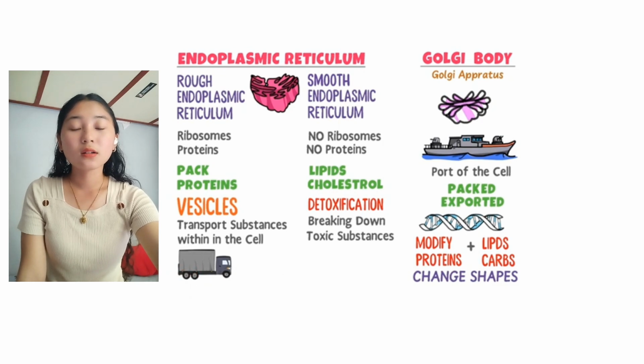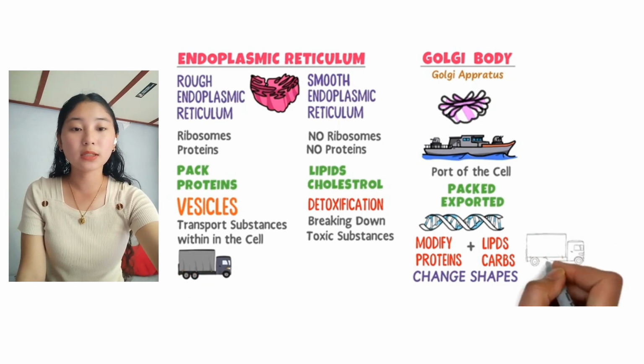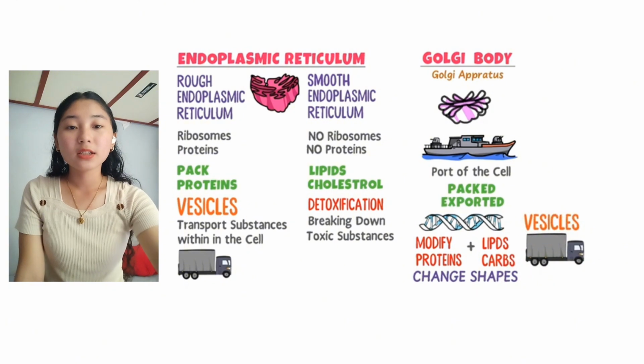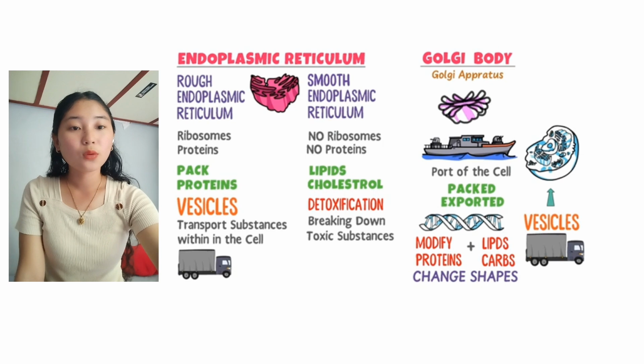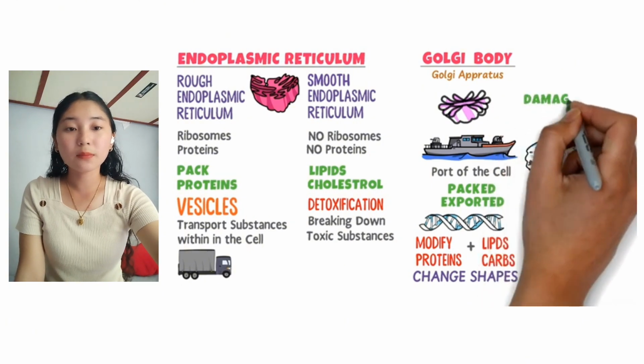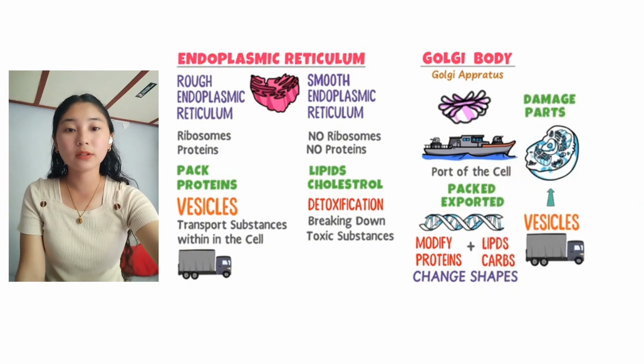After this, Golgi body will pack the protein in vesicles. In connection to that, vesicles of the protein are delivered to the targeted destination both within and outside the cell. For example, Golgi body will send proteins to the damaged part of the cell for repairing with the help of vesicles.